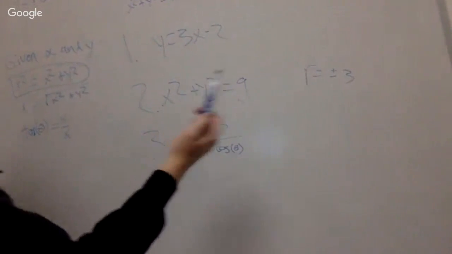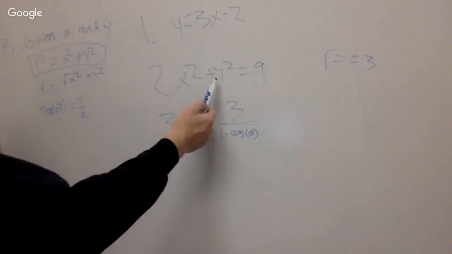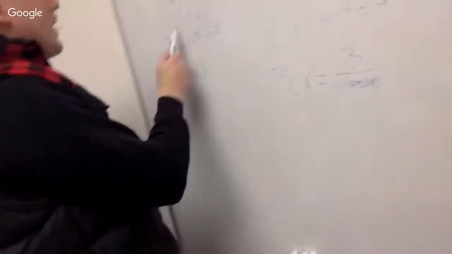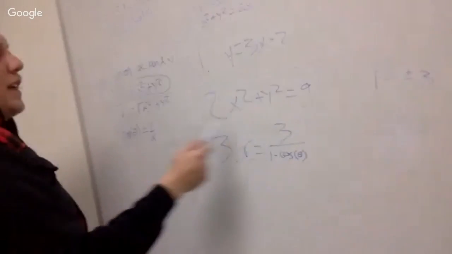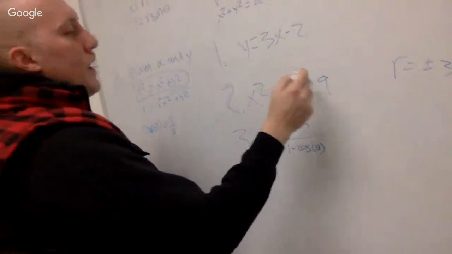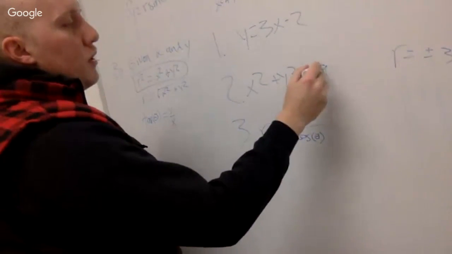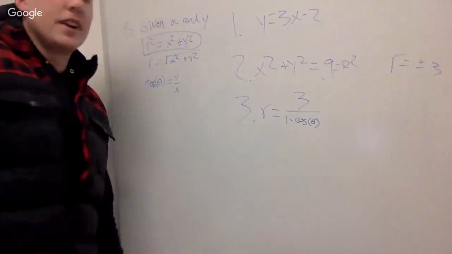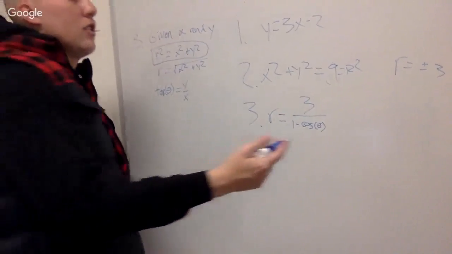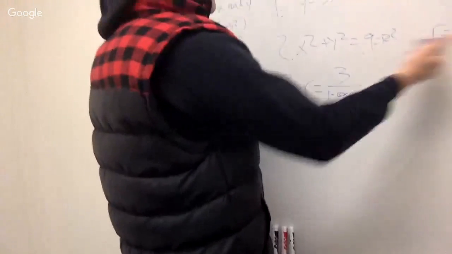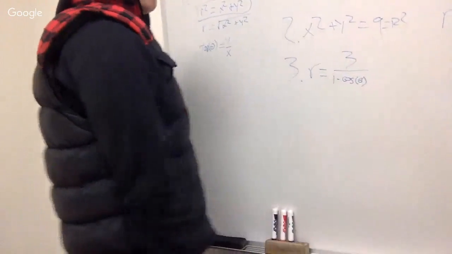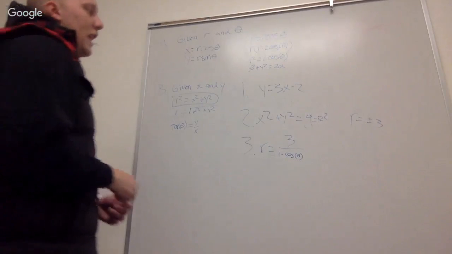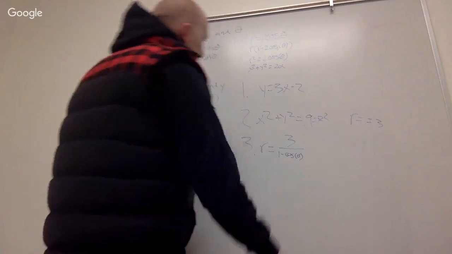We look at this formula, and r squared has to equal these two, so 9 equals r squared. Whatever squared equals 9 is the answer, and 3 squared is 9. But you don't know if it's positive 3 or negative 3, since both give you 9. So that one was super easy.